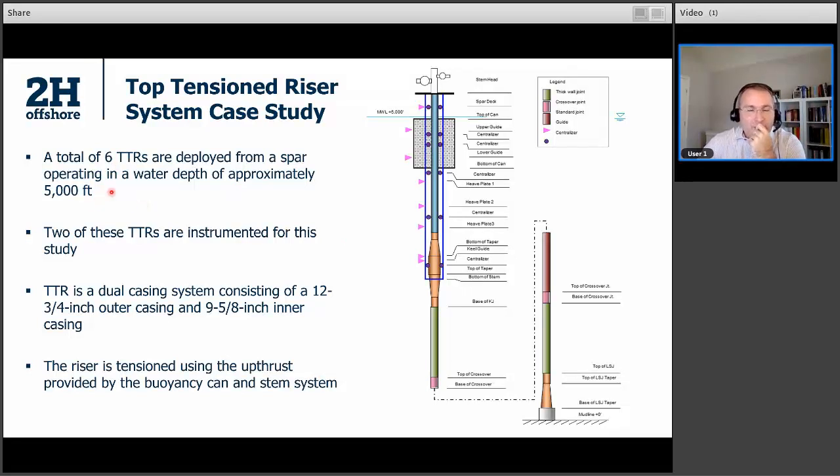This spar consists of 6 top tension risers, and 2 of these TTRs are instrumented for this work. Each TTR is a dual casing system consisting of a 12 3/4 inch outer casing and 9 5/8 inch inner casing. Each riser is tensioned using upthrust provided by the buoyancy can and stem system at the top.